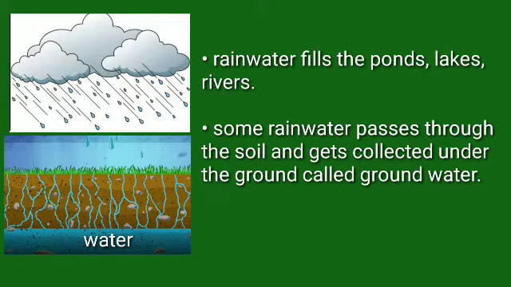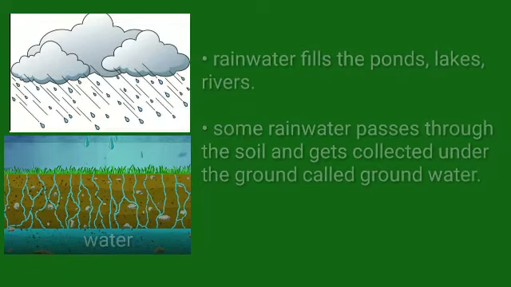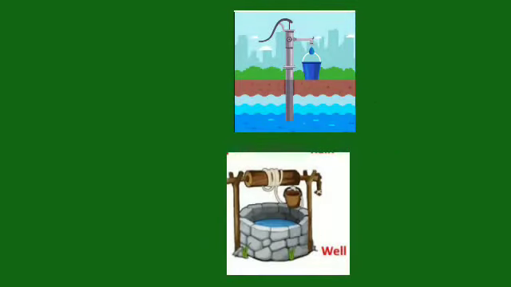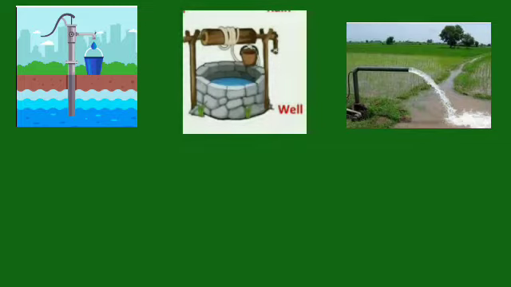And this is called what? Groundwater. Now, we get water from ground. You know how? With the help of hand pumps, right? Wells and tube wells, right? So, we get water from all these sources.